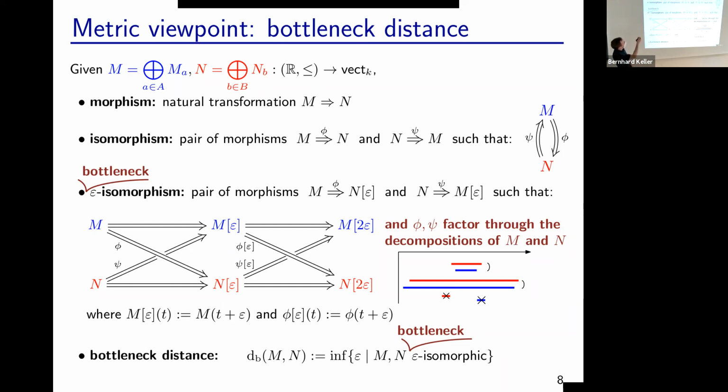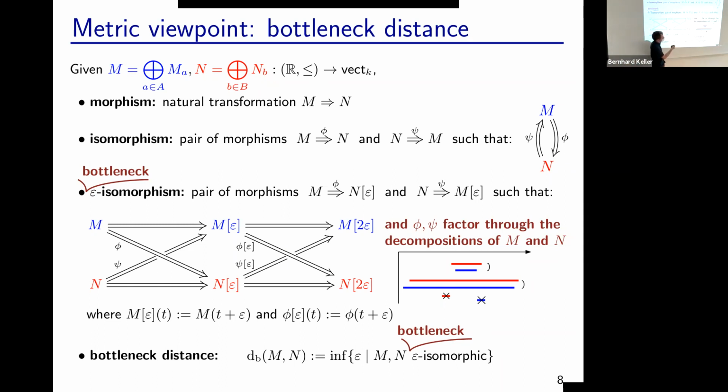So if we start out with two modules and their direct sum decompositions into interval modules, then bottleneck epsilon interleaving will occur if the two morphisms phi and psi under consideration factor through the decompositions of the modules.